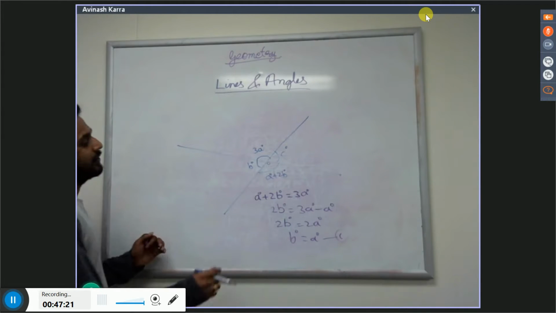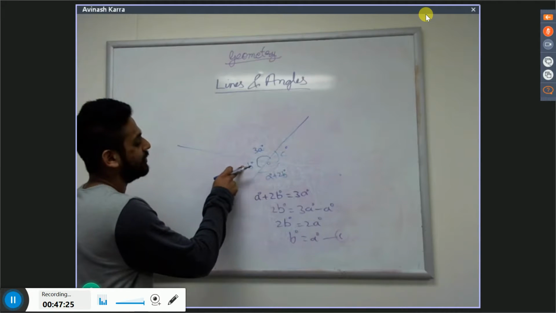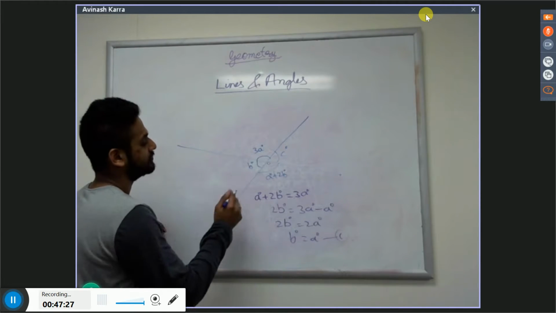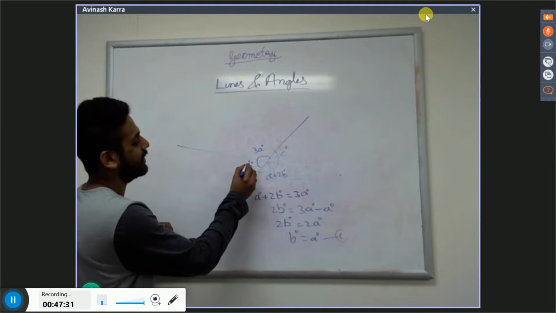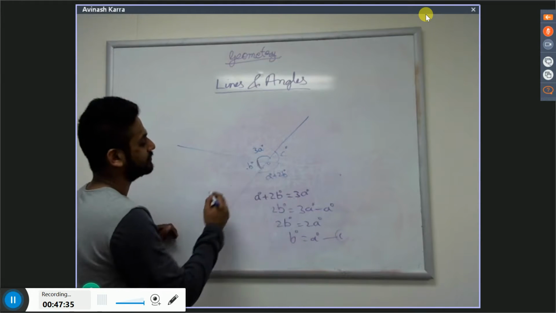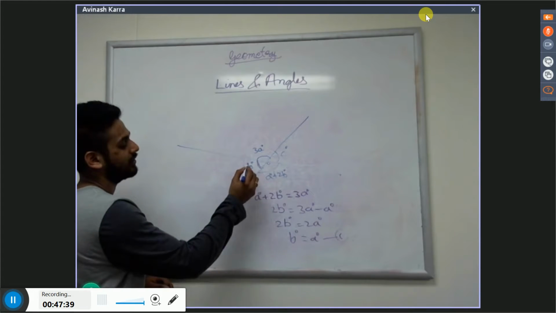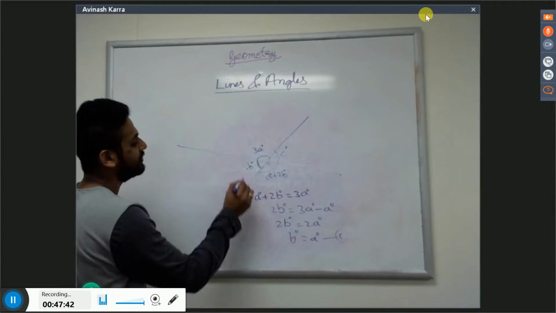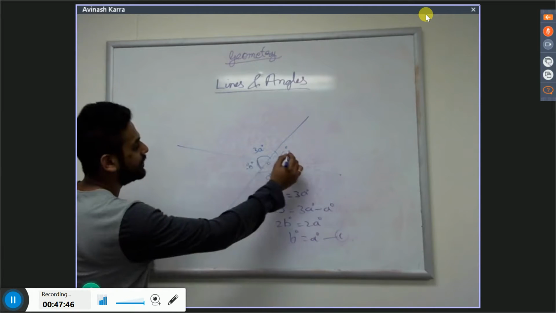Now, if B is equal to A in this part, substitute B is equal to A over here, or else take one more equation.